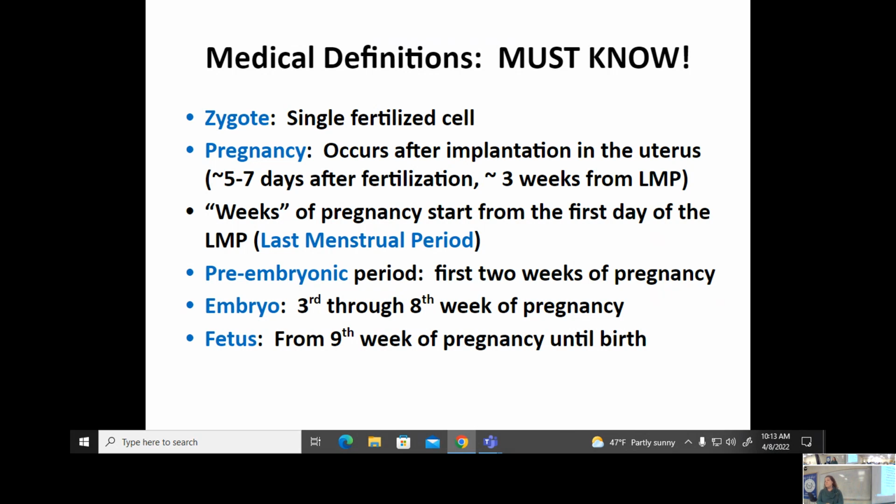So I will want you to know these types of definitions on next week's lecture exam. Something else coming up on next week's lecture exam is a concept of timeline.